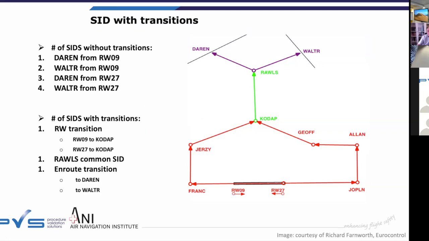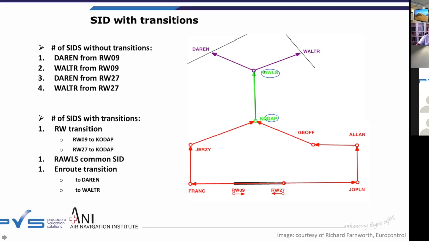And this is the way it is in most places in the world, which leads to, if it's complex, many data and many SIDs. To save some space in the FMS, or to make it easier to understand, or to give a better overview in charting and in the FMS data, you could also say it's one SID with transitions. The SID, in this case, would be just this short part, just from CODA to RALS.